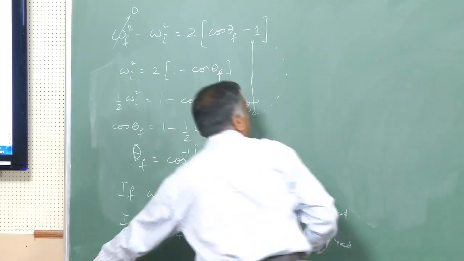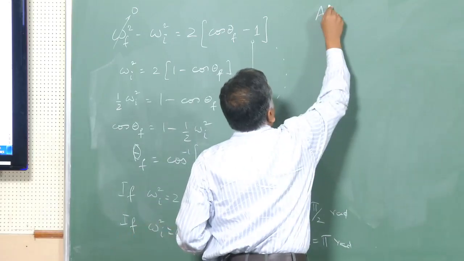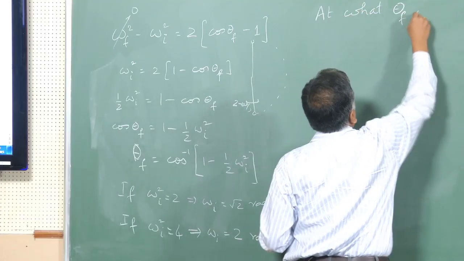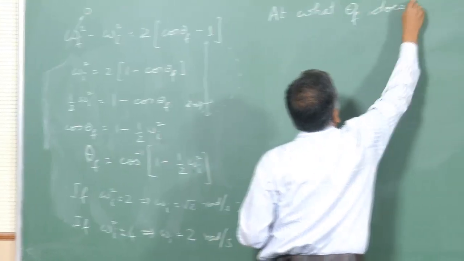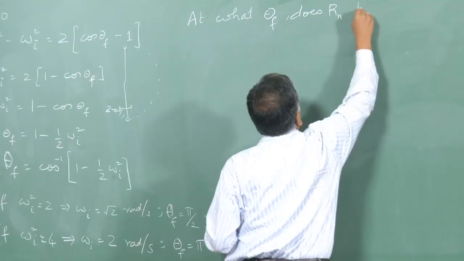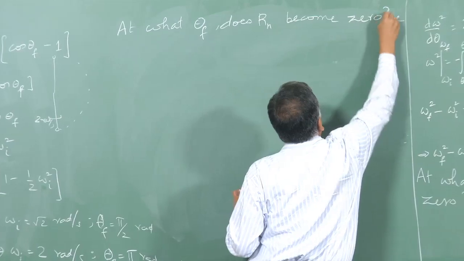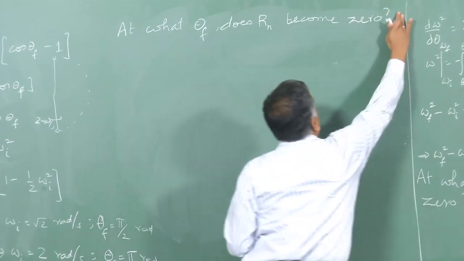So I will write the question first. At what theta f does Rn become 0?